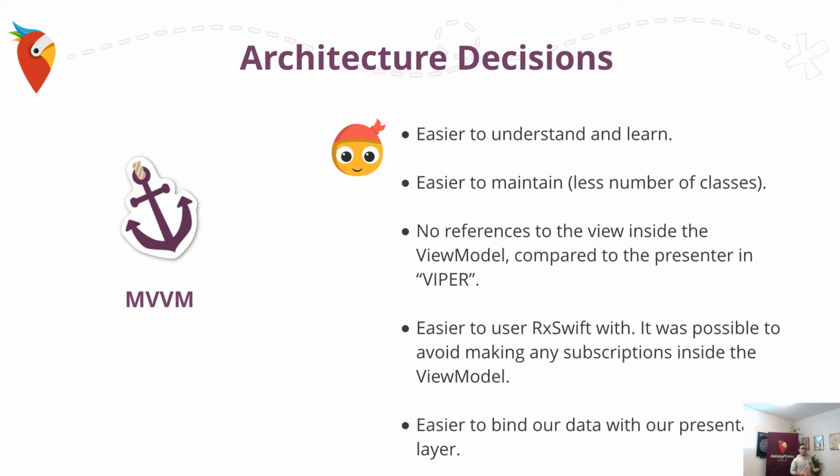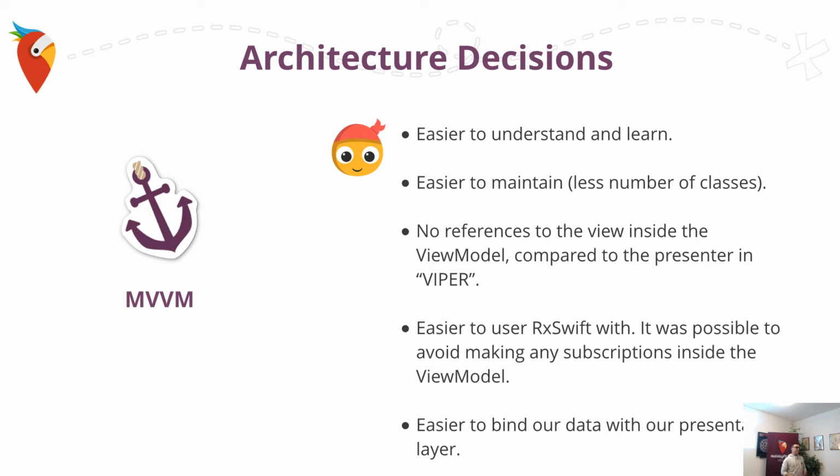A good thing is that you find so many good samples about MVVM from Google compared to Apple. When you go to the Google samples repo on GitHub, you'll find so many samples for MVVM and all of the other design patterns, and usually you don't find that from Apple. So when we started our implementation with MVVM, we went back to Google, not Apple.